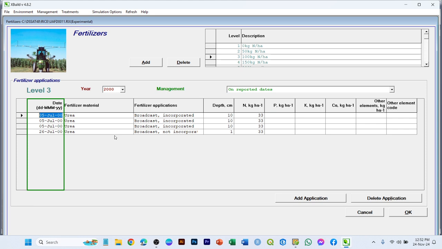This is the external source of fertilizer that you apply on these days with these methods and these sources. You have to mention only those. While the nitrogen, phosphorus and all the micronutrients already inside the soil will be mentioned in your initial condition that I mentioned and showed you.